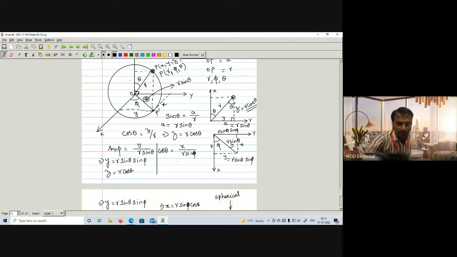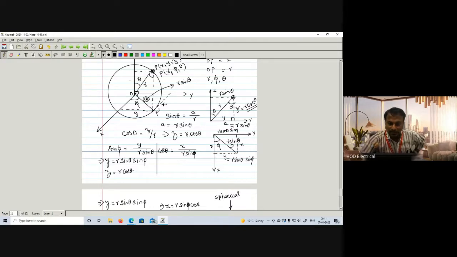So this is the theta. This is nothing but we can have r. This is r into sine phi, and this angle will be theta. We have written here, right? So this is r, and this distance will be r into sine phi. Therefore, cos phi is nothing but z by r.